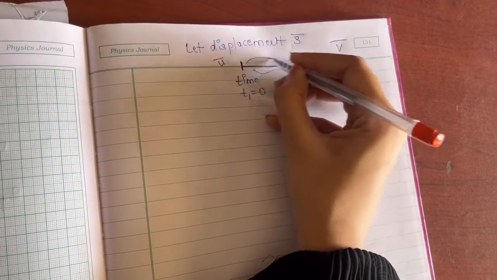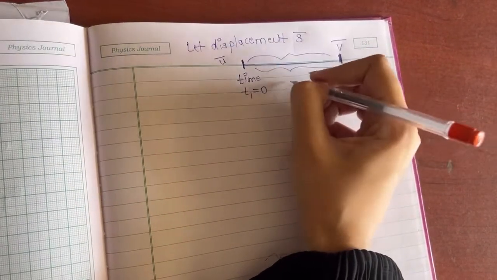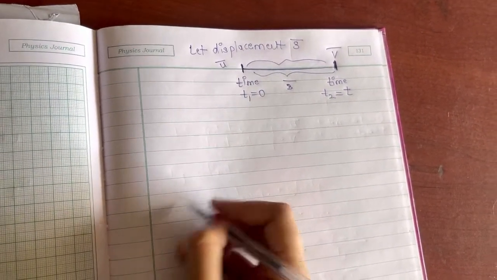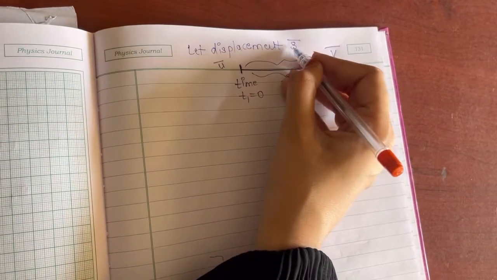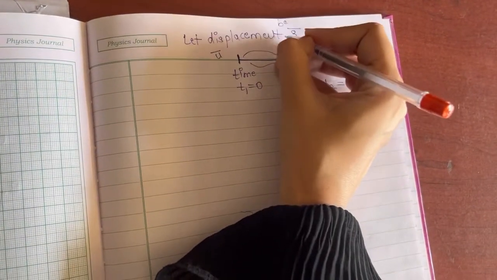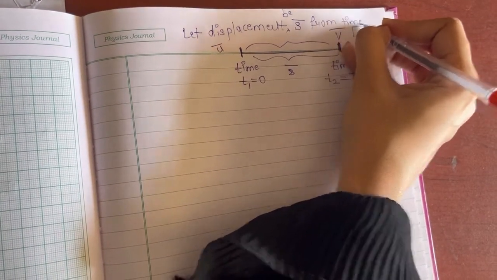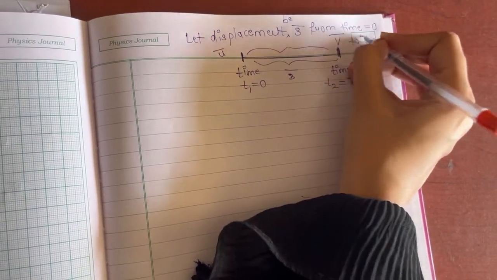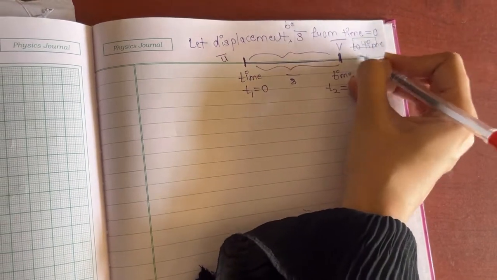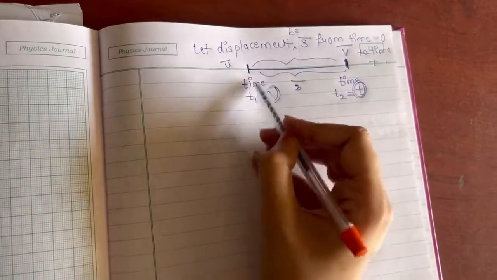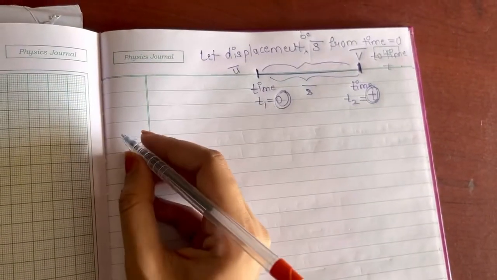So how much distance is covered? That is the displacement, denoted by vector s. Let the displacement be vector s from time 0 to time t.